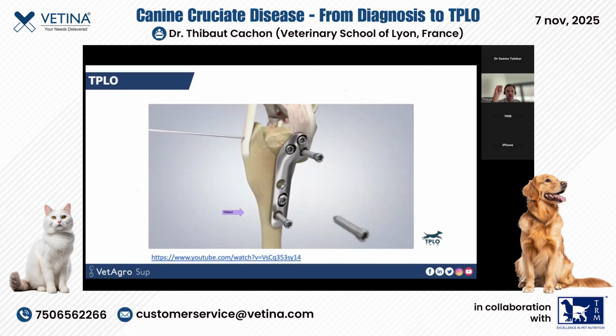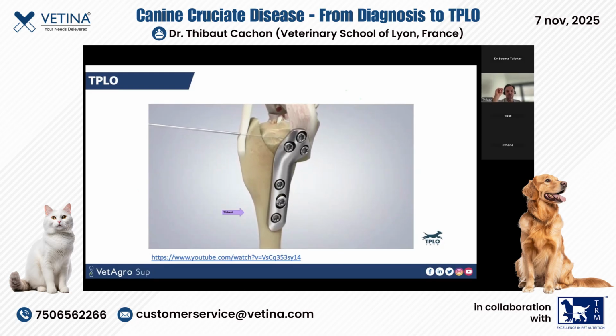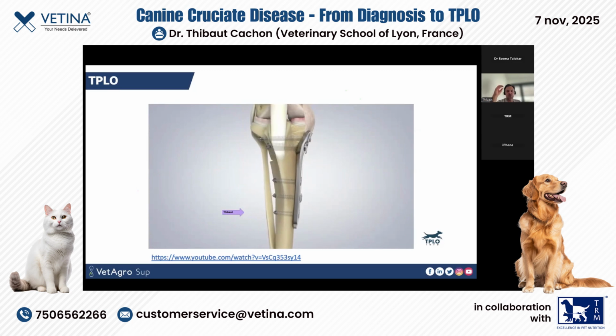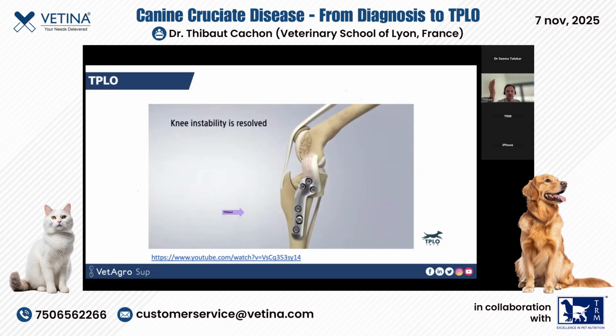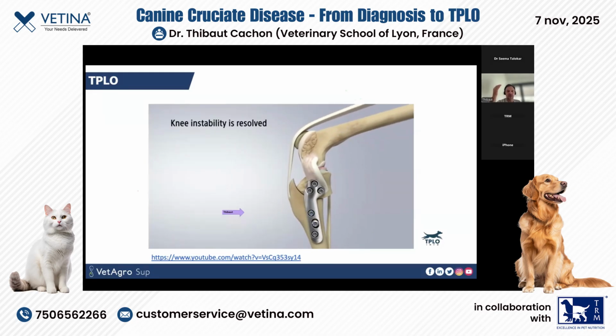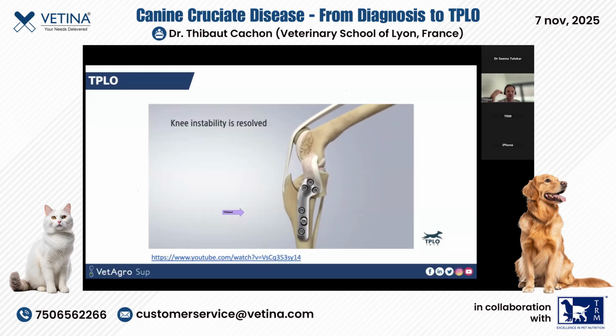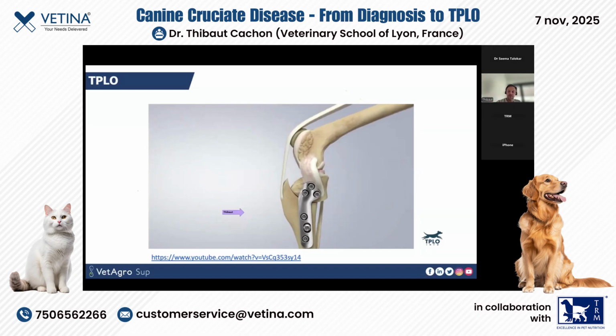We use locking screws in order to improve the stability of the construct and to get less risk of fracture, less risk of implant failure after a surgery. That's what you should get after that. The stifle should be at 5 degrees of tibial plateau slope, and the stifle will have very good motion and full stability in extension, in flexion, and in rotation also.